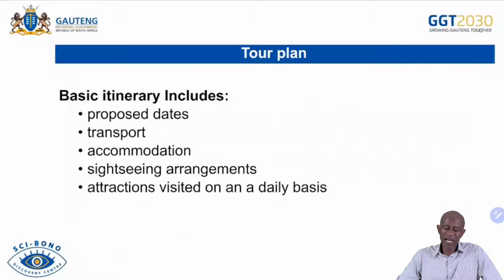You need to first do arrangements as to the time available, as to the cost, the entrance fees for various activities within those attractions. And lastly, the attractions visited on a daily basis. So all these elements formulate an itinerary. An itinerary will not be an itinerary in the absence of these aspects that we have just looked at.